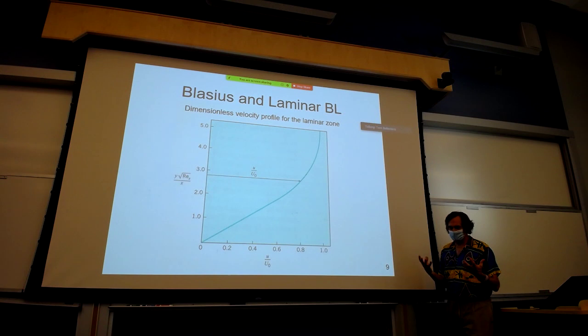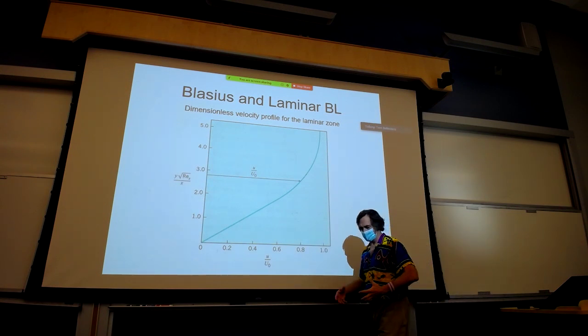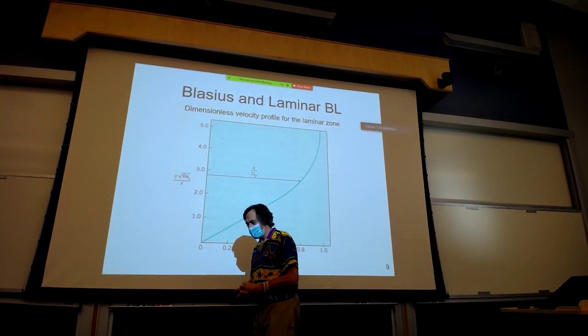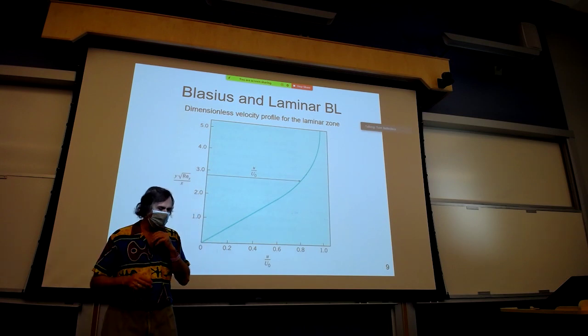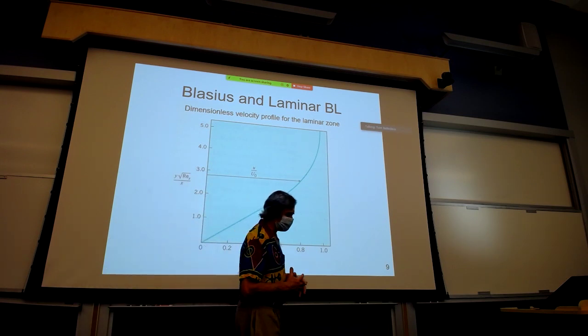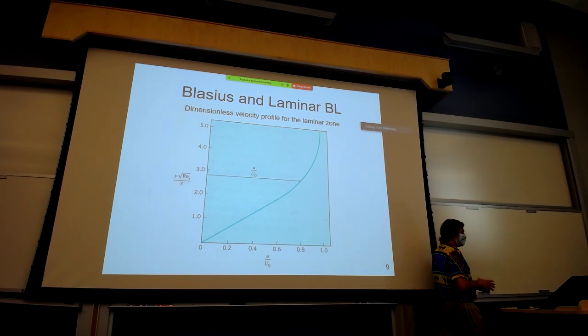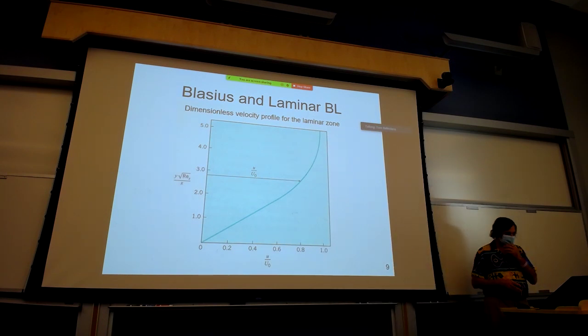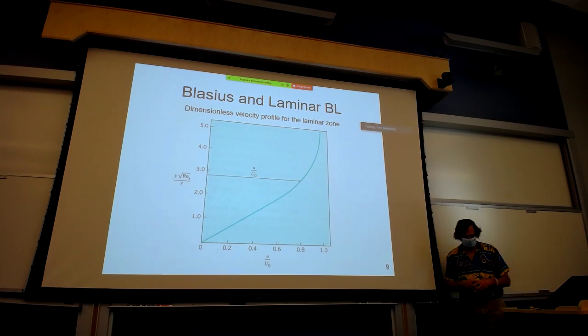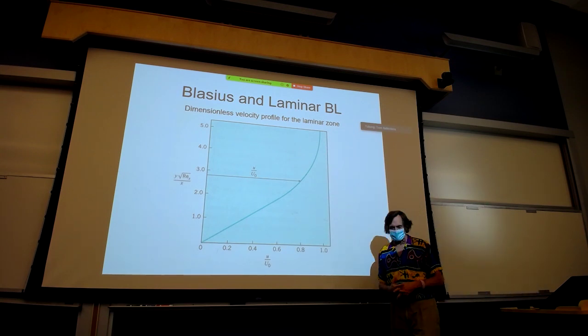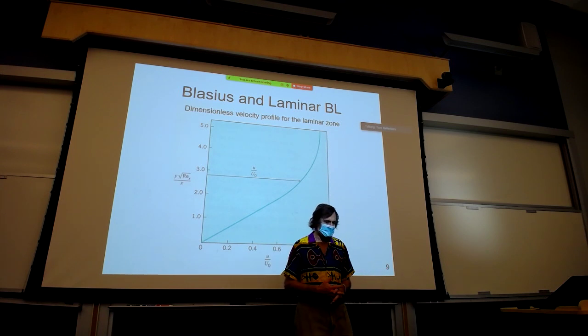For the laminar conditions, the laminar boundary layer, back just before the turn of the 1900s, in the late 1800s going into the 1900s, there were a number of students at the Swiss Institute. Blasius was a student of some of the fathers and grandfathers of fluid mechanics.